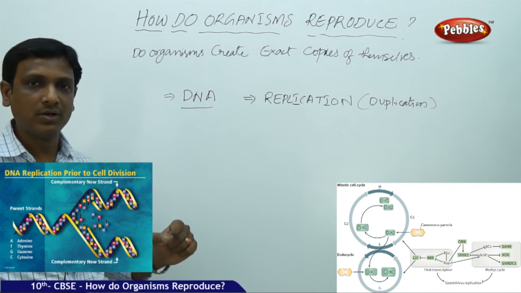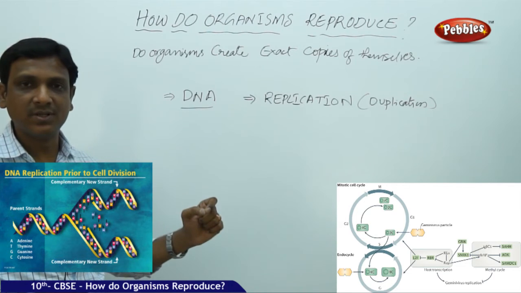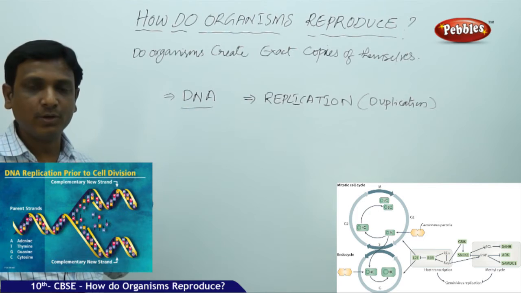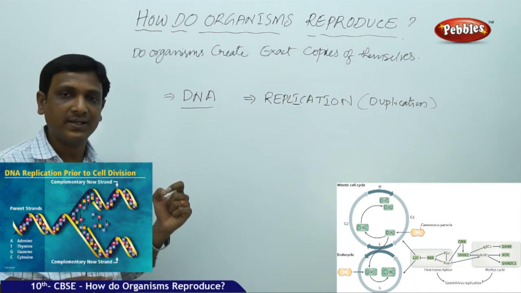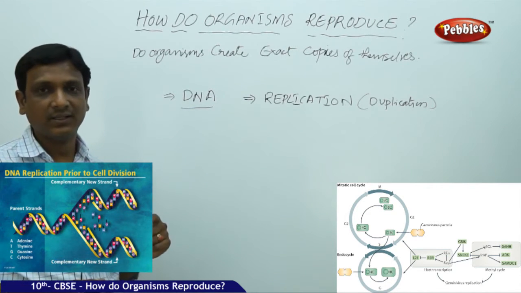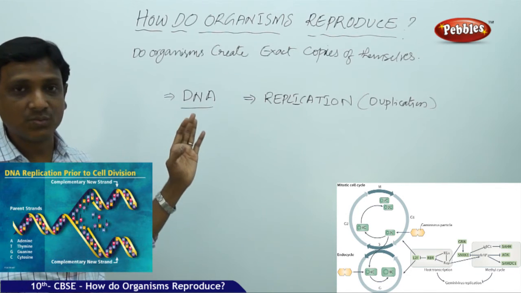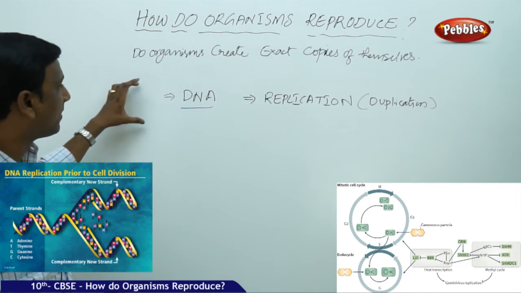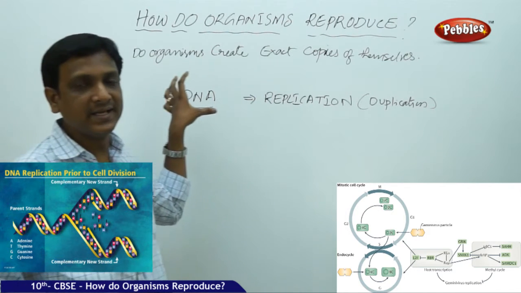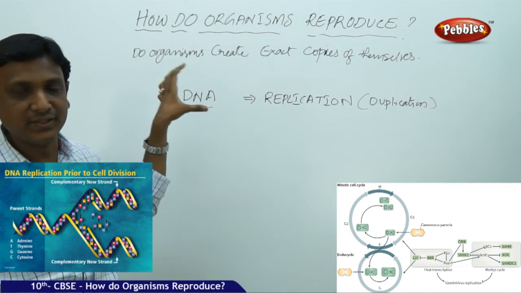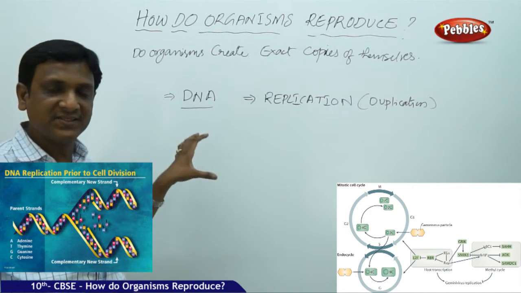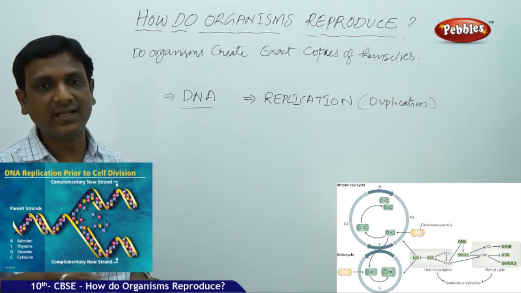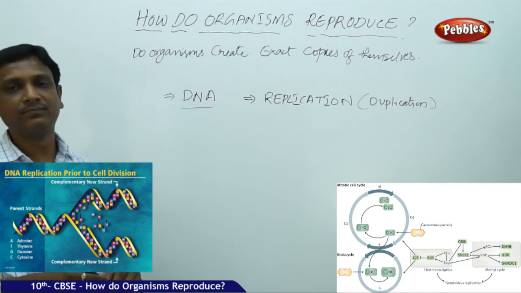A dog produces a dog, a cat produces a cat, a man produces a baby, but a man cannot produce a dog, cat or rat. That means every organism produces the young one of its own kind, but it is not exactly identical. Now we are going to discuss the reasons why they are not exactly identical. Here the crucial part is the DNA. DNA is the deoxyribonucleic acid present inside the nucleus of a cell. This DNA is considered the blueprint of our body design, which will decide the characteristic features of an organism.